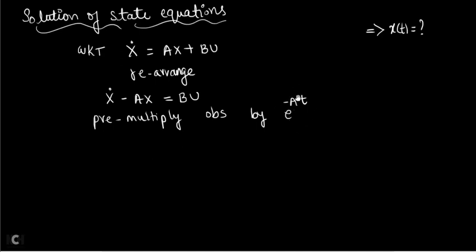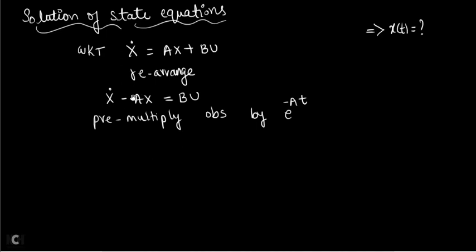So e power minus at, A means state matrix, you know that. E means exponential, t means time. I don't know what this parameter is yet, but let me take it and multiply on both sides of the equation, and you are multiplying it pre. Because these are matrix operations, you should understand the meaning of pre-multiply and post-multiply. Pre-multiply means you multiply before the equation, here.